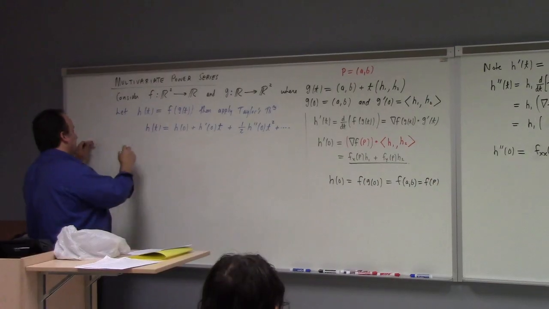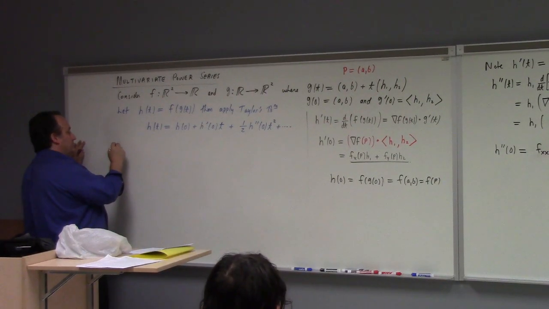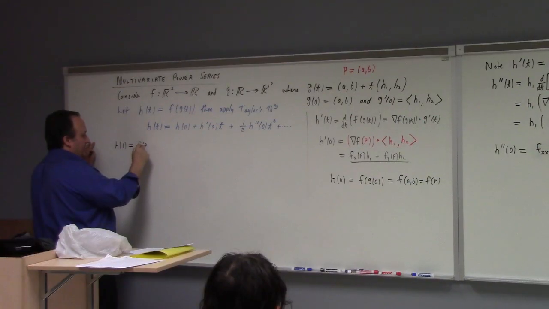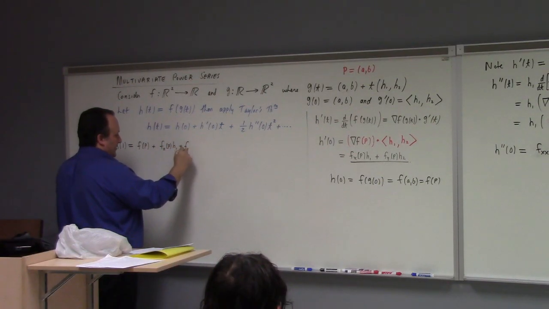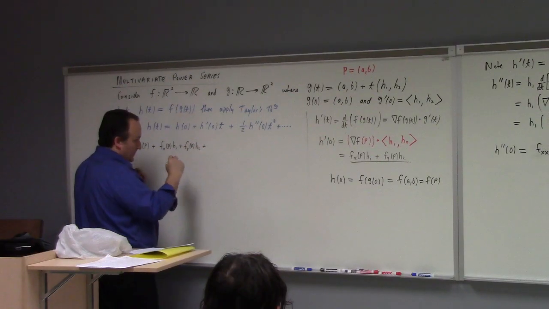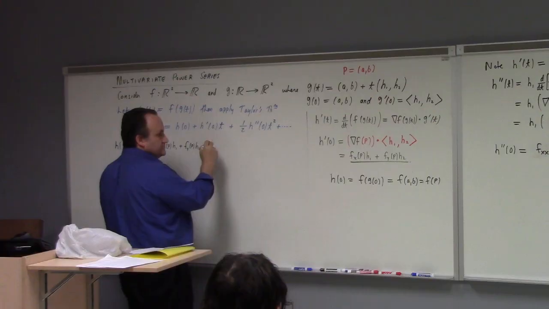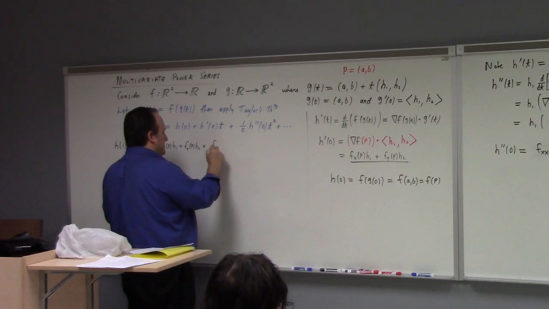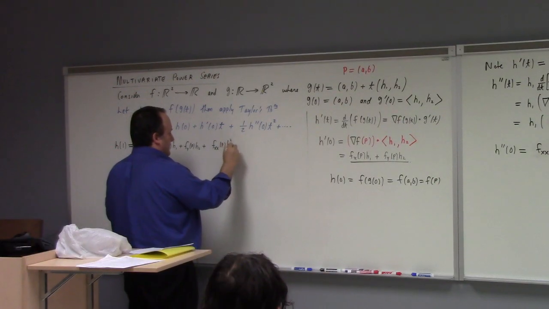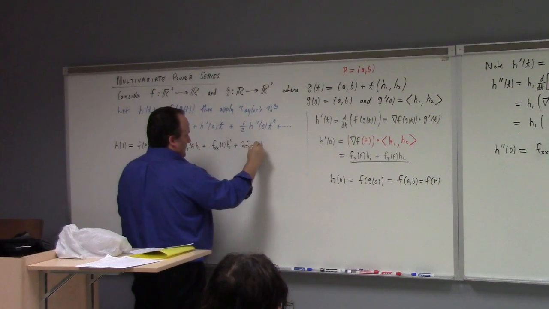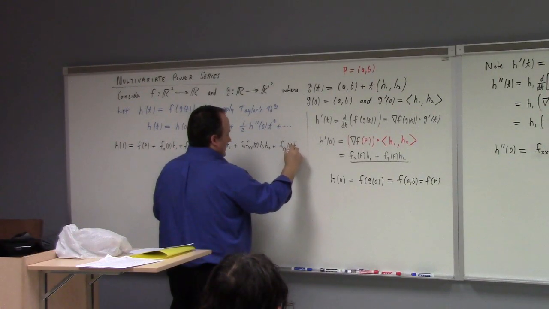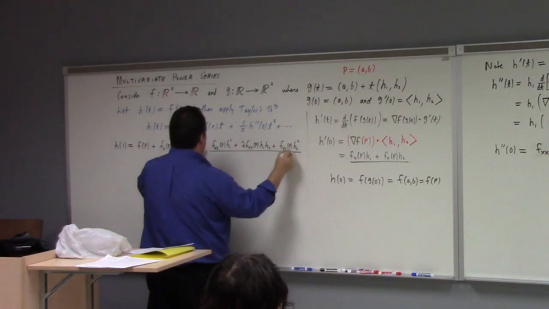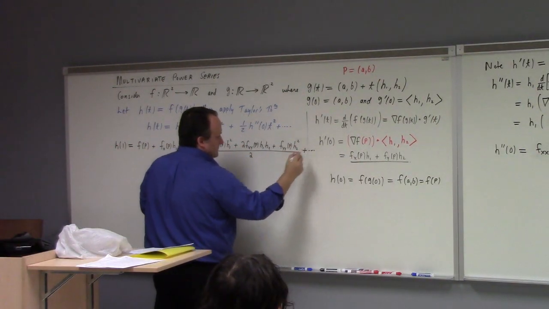Okay, so if we go back over here and look at h of 1, that's going to give me f of p plus f sub x of p times h1 plus f sub y of p times h2 plus f sub xx of p times h1 squared plus 2 f sub xy of p times h1 h2 plus f sub yy of p times h2 squared, all divided by 2, right? Plus dot dot dot.